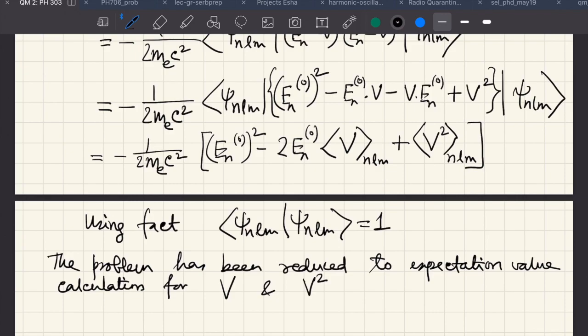That we will do in the next class. We will first calculate these expectation values and see what the contributions from this relativistic correction are, and then we will go to the next part of our discussion.